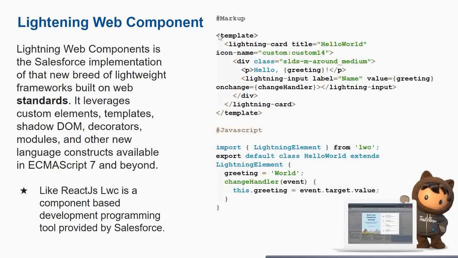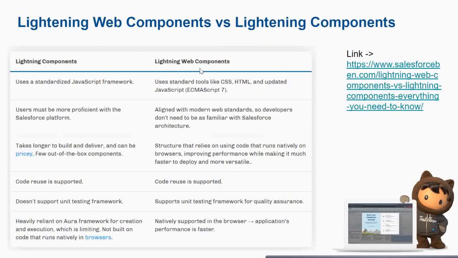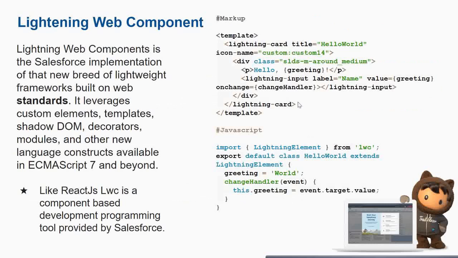And if you see, it also has markup. This is the Lightning markup. If you use React, you will know there is JSX, and it's somewhat like that here. You can compare it with HTML, but it's somewhat like a markup language.